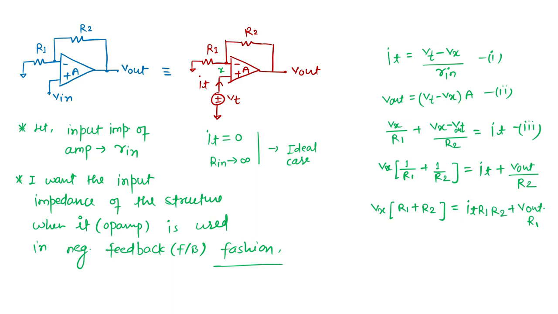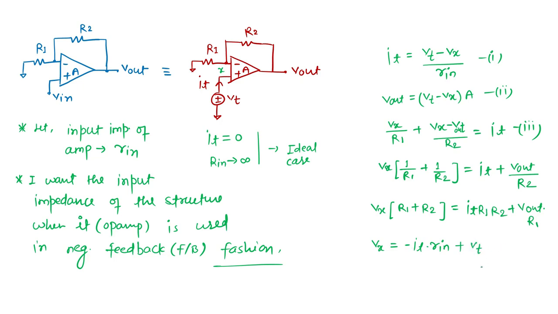Now I can have Vx, and one more relation that I have: Vx equals, from the first equation, Vt minus It rn.